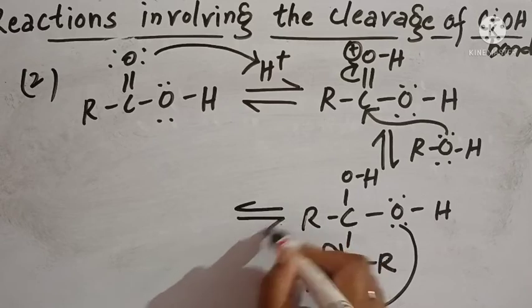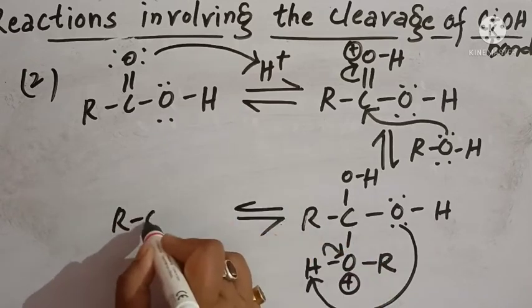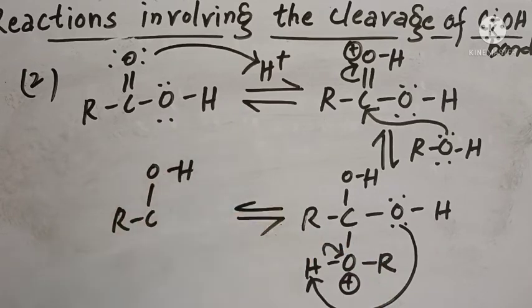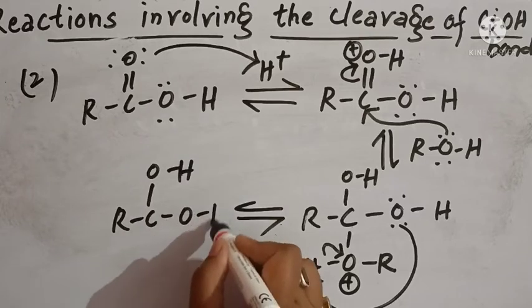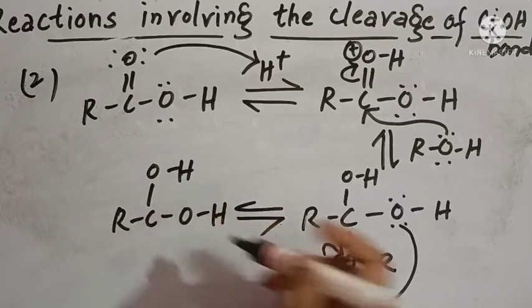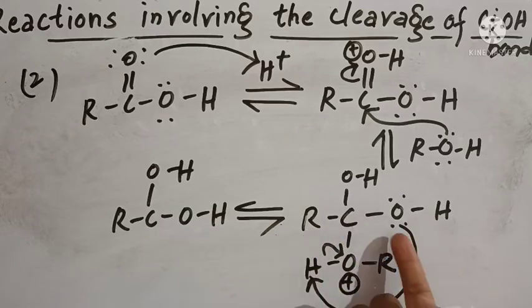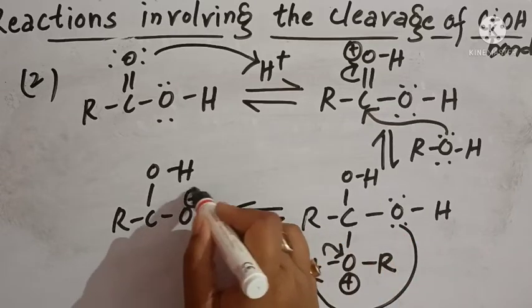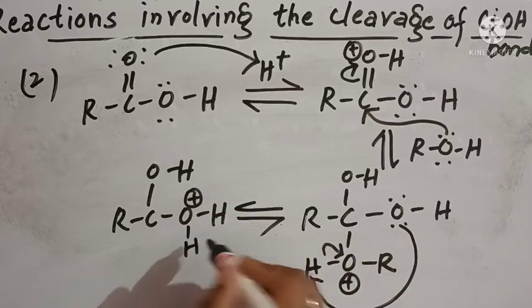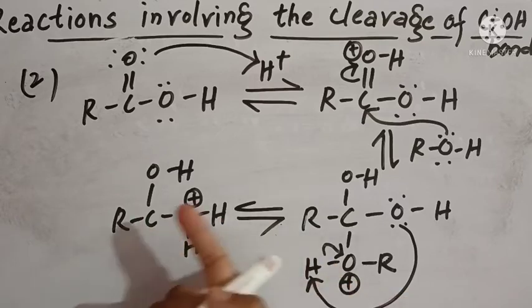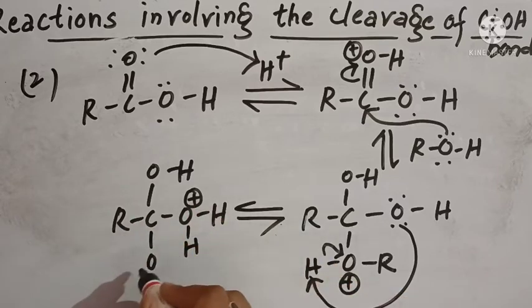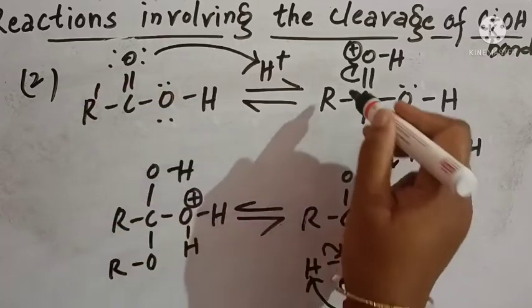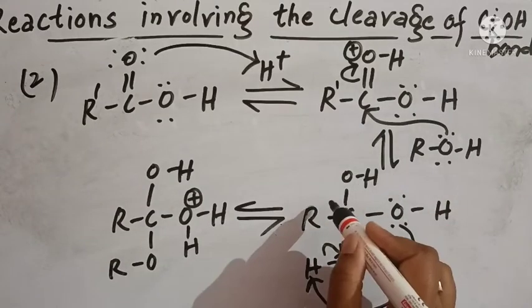So if I write the next species which will form, as it is accepting the proton, there will obviously be a positive charge on this oxygen along with 2 hydrogens, attached to the carbon, and here I will write R dash so that you will be able to understand.